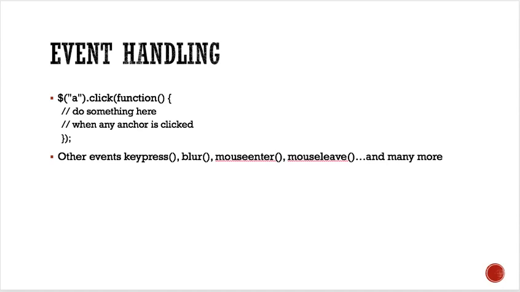Again, there are a variety of different events that are part of the cheat sheet set that you can use, right? This is just a very brief description of some of the abilities of jQuery, some of the functionality that's present within jQuery, and we will now take a look at some of the code that illustrates these concepts.